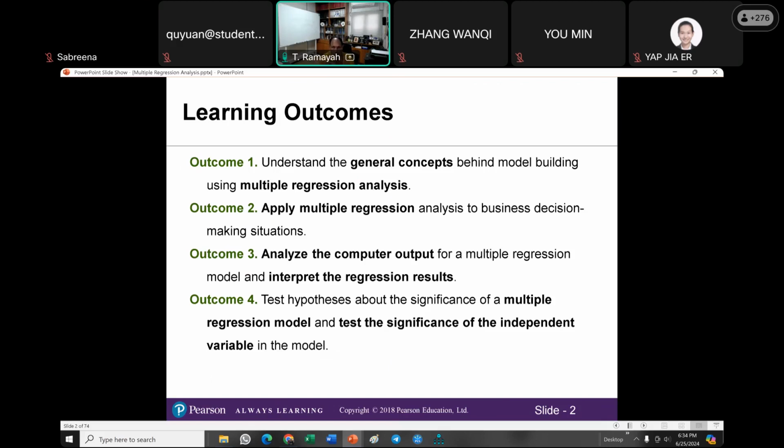Whether we have an overall model or not, we will run some tests, and then we will also test individual variables in your model. Let's say you have 3 independent variables. Whether all 3 independent variables are significant or not, we will do the test also. The first one, which is the multiple regression model, we will do an F-test. For the individual variable in the model, we will do a t-test.